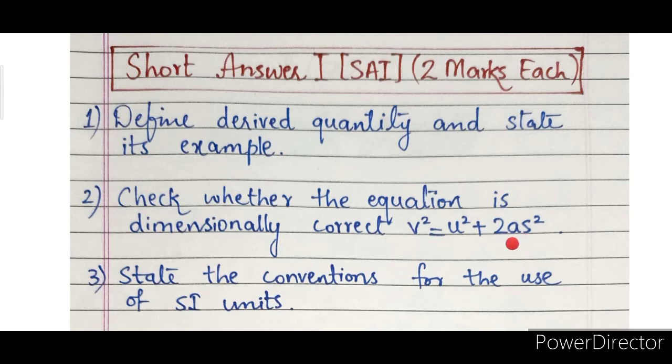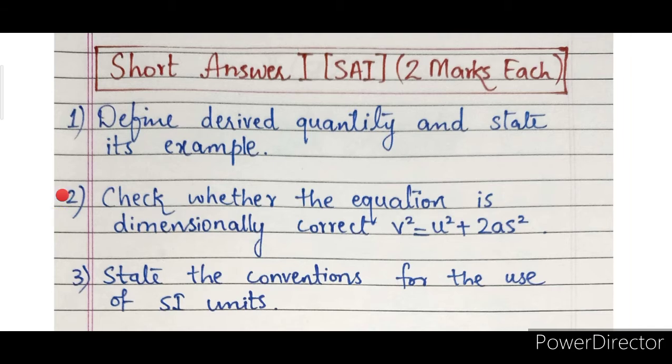So 2as square would have the dimension L3 M0 T minus 2. So the dimension of v square and u square is the same, but the dimension of 2as square is different. So we can say that the given equation is dimensionally incorrect.